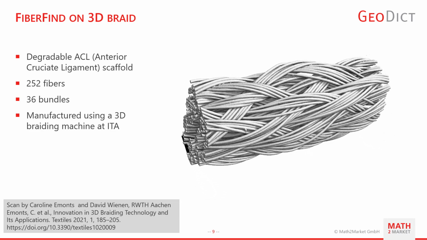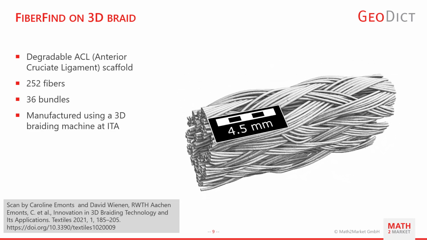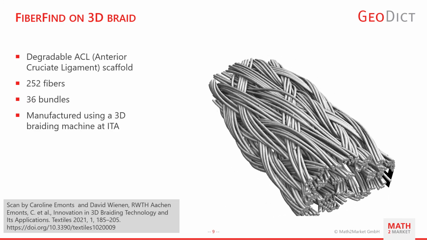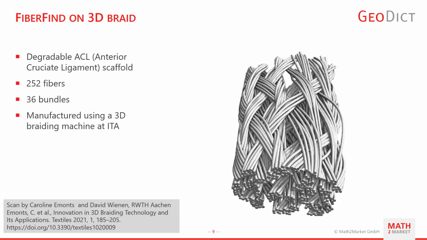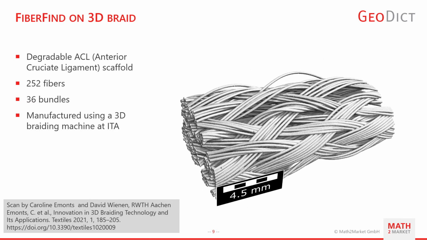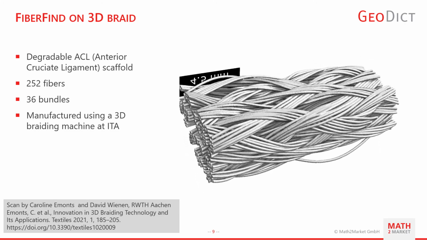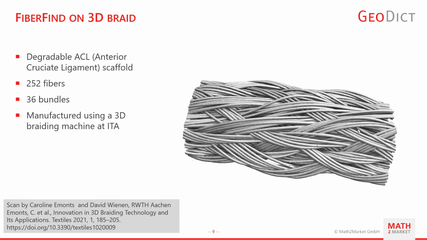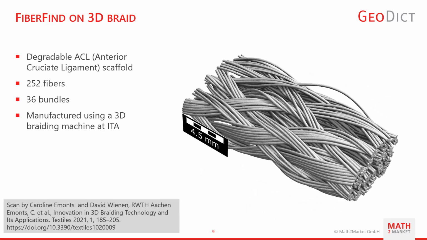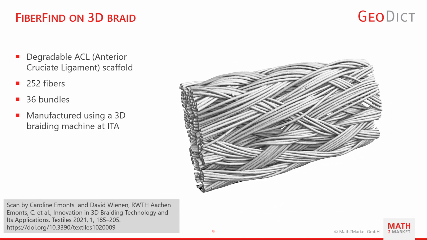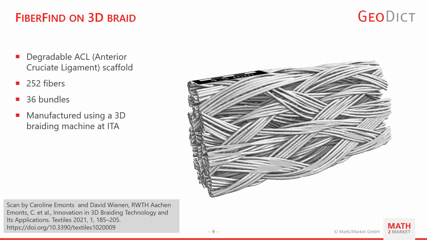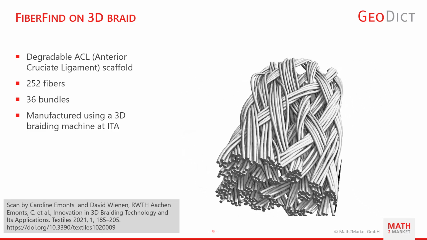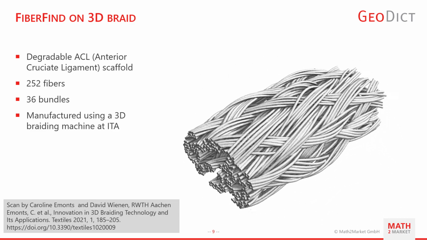This one is a degradable ACL scaffold, so if you hurt your ACL in your knee, something like this can be put in there and the cells can grow back into it and the scaffold decomposes then. It is made up of 252 fibers in 36 bundles, and it's manufactured using a 3D braiding machine at the ITA.